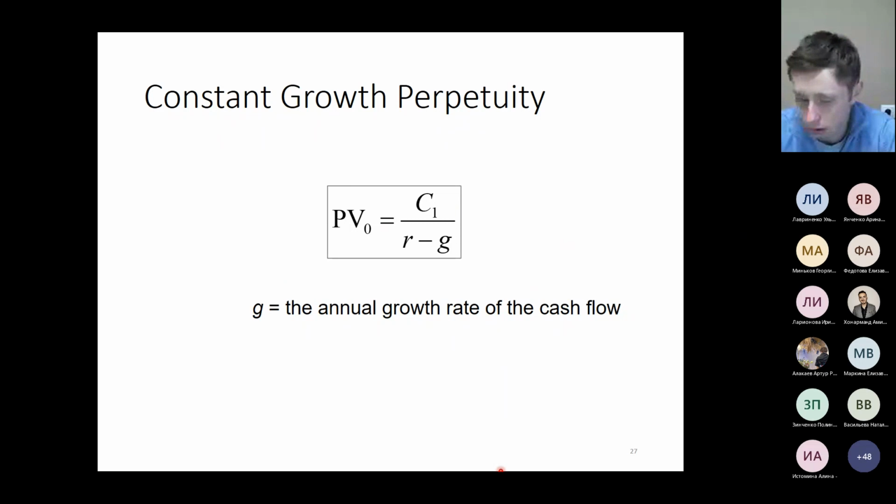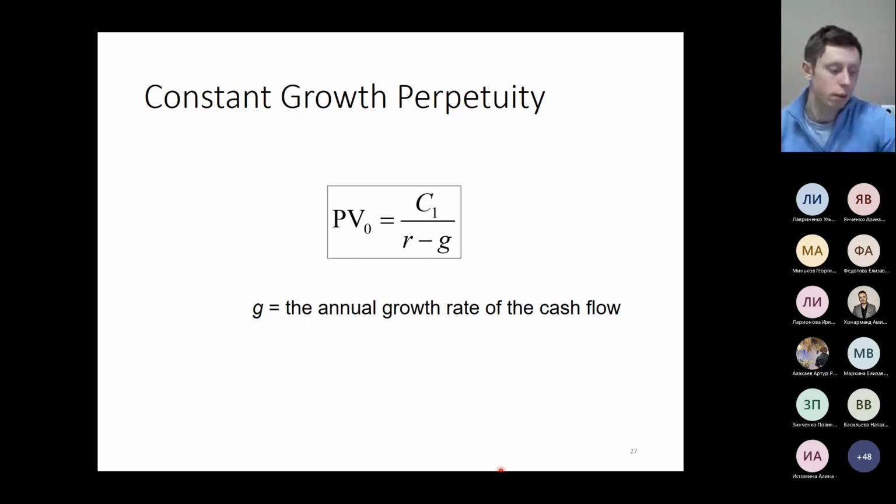This is the final type of cash flow that I want to introduce for you today. This is a growing perpetuity. It is close to the perpetuity. The only difference is that every period, the amount that is paid is increased at the same growth rate.